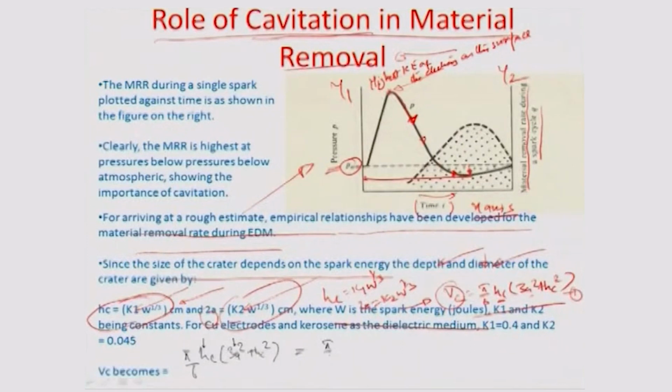So, you have pi by 6 times K1 W^(1/3), which is the Hc value, times 3/4 K2 W^(1/3) squared, and plus, instead of Hc, you can have (K1 W^(1/3))².